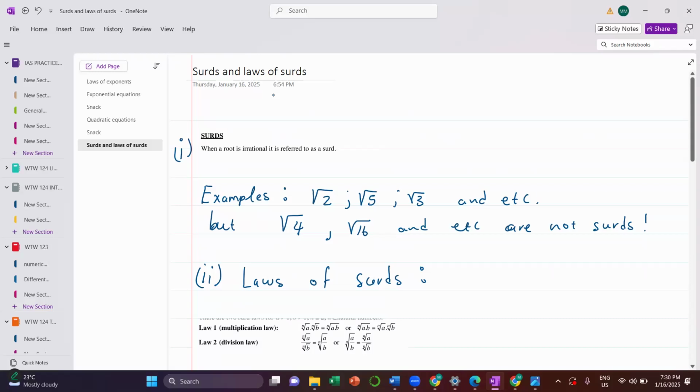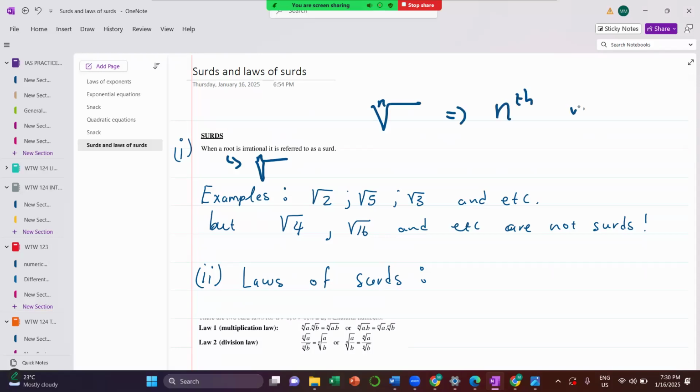Guys, by definition, a surd is when a root is irrational. It is referred to as a surd. When a root, remember what is a root? A root is this sign, the nth root of a number. It's that symbol, referred to as the nth root.